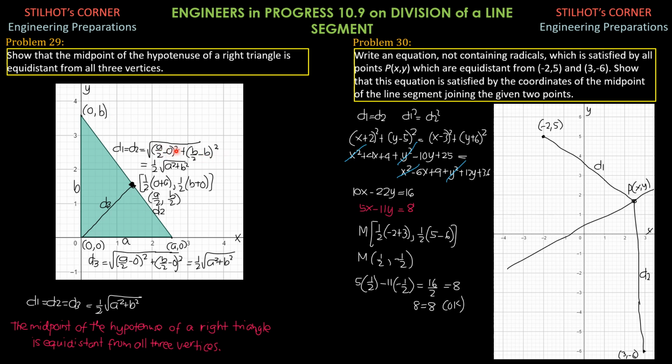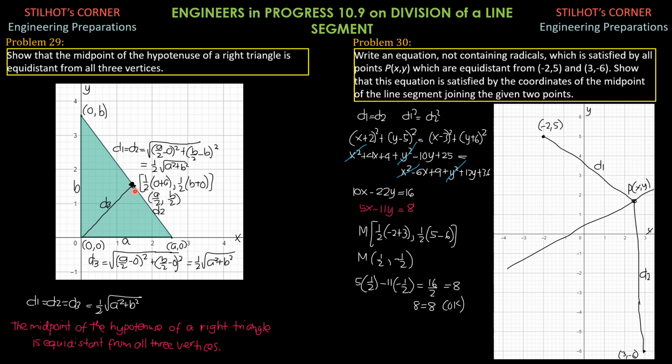A over 2 quantity square is A square over 4, while B over 2 minus B quantity square is negative B over 2 quantity square, which is B square over 4. So that would be the square root of A square plus B square all over 4. And the square root of 4 is 2. So therefore, distance 1 equals distance 2 equals 1/2 of the square root of quantity A square plus B square.